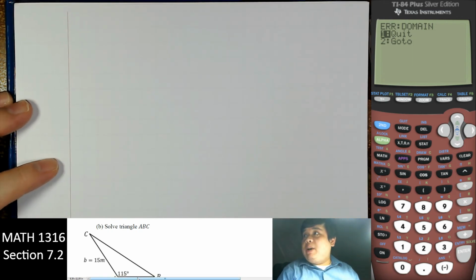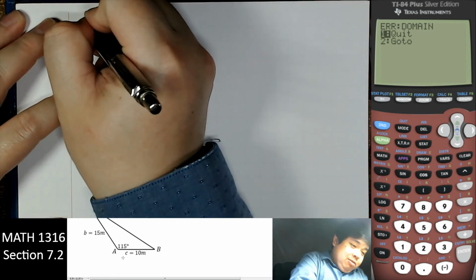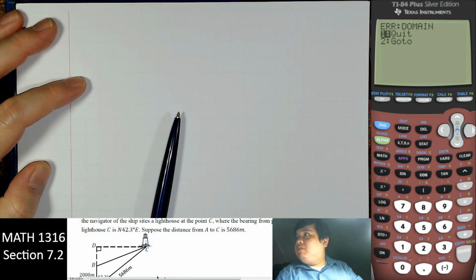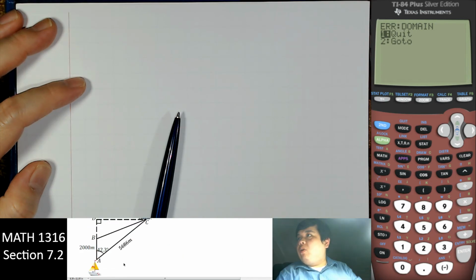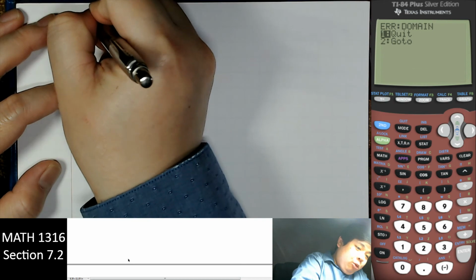We will go to example B here, but I skip that example. Instead of doing that example, we have to do example C. I'll make it up real quick.